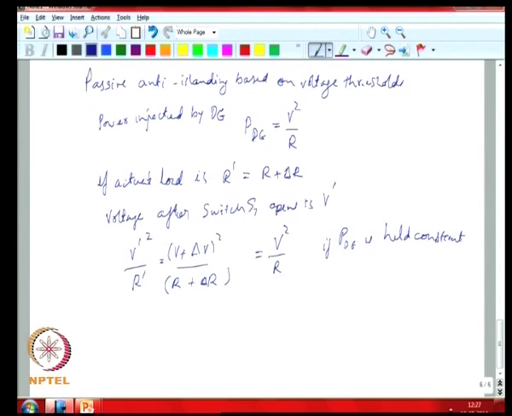You could simplify this, and simplifying this expression, you can write delta R by R is 2 delta V by V. So, you can get a relationship between your delta R and your expected change in voltage.